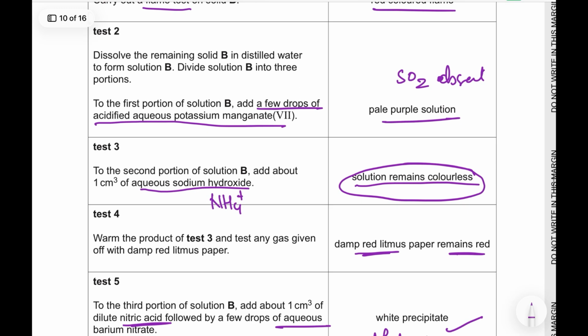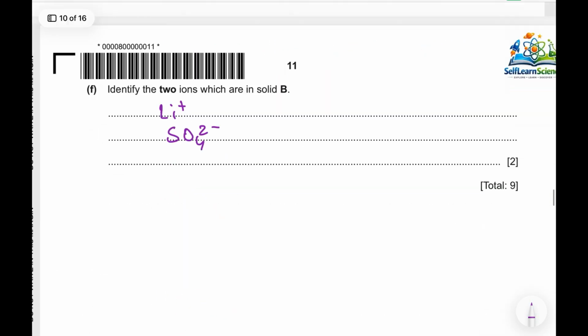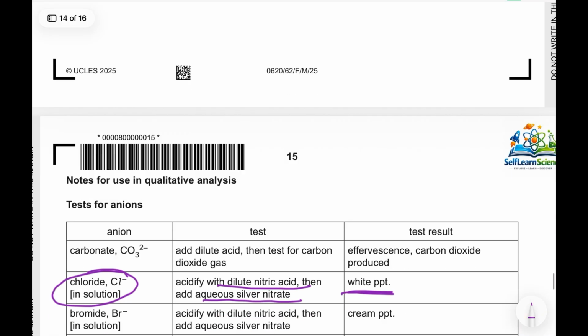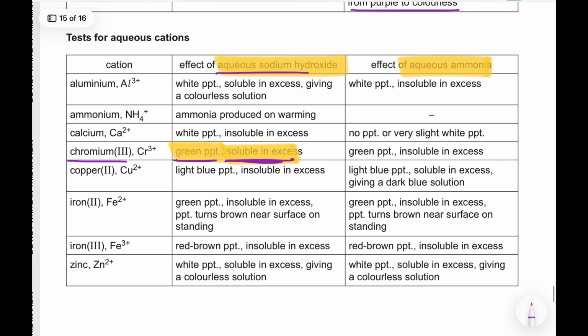Next, in the third test, the student adds aqueous sodium hydroxide. The solution remains colorless. So again, if we refer to the chart, after adding sodium hydroxide, there is no change. If you see in all the cations, when we add sodium hydroxide, we get a precipitate, and if we add extra, either the precipitate dissolves or it does not dissolve.